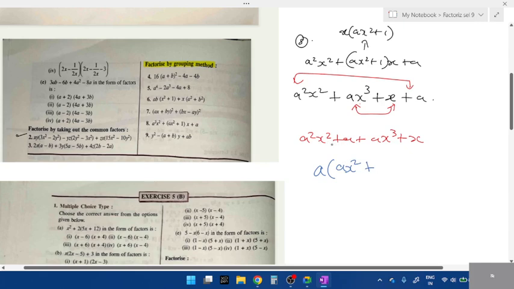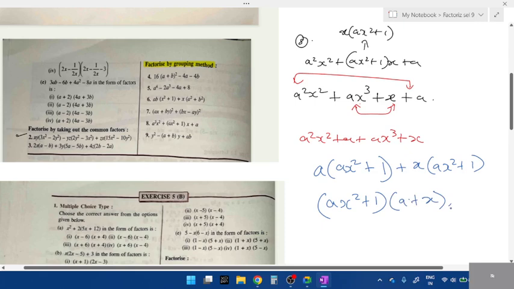Only one a gets reduced, right? Next, into, okay. You try the second one.